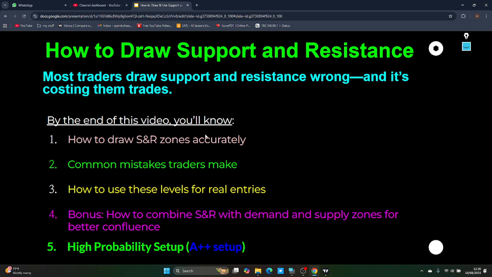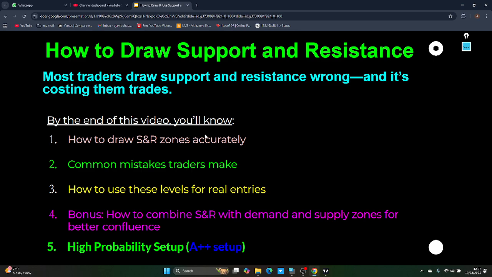By the end of this video, you will know how to draw support and resistance zones accurately, common mistakes that most traders make while drawing support and resistance, and how to use these levels for real-time entries. Then you'll have a bonus tip: how to combine support and resistance with demand and supply for better zones and confluences, in order to get better zones to trade from.